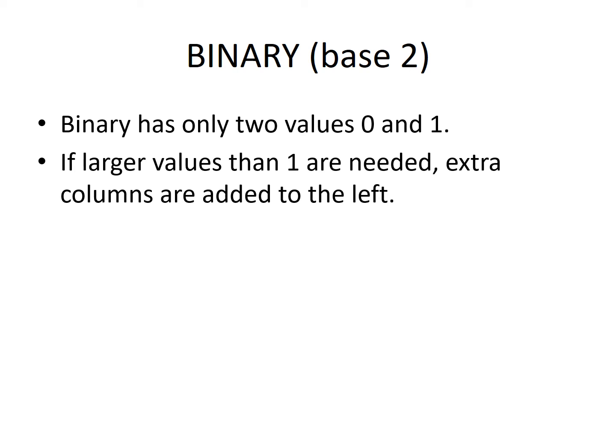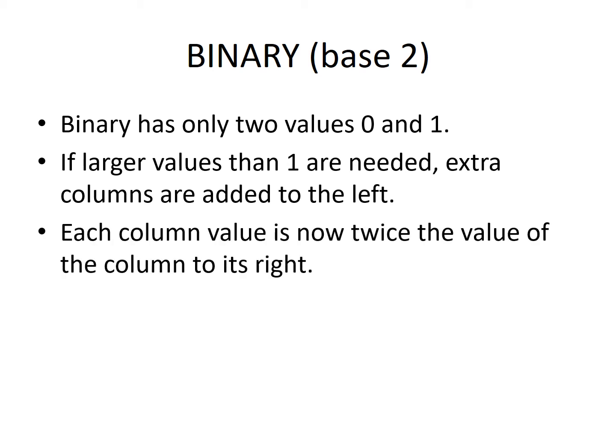Similarly here, the first number is 0, the second number is 1, then the third number is 10, then the fourth number is 11. Like that the order will increase. So each column value is now twice the previous value, whereas in the decimal number system, each column value is 10 times the previous one.